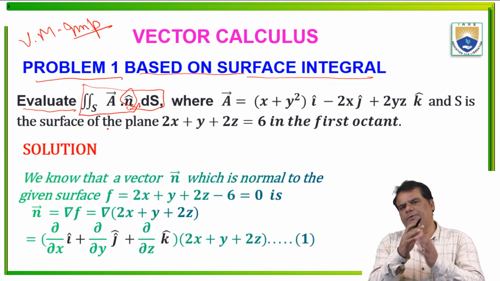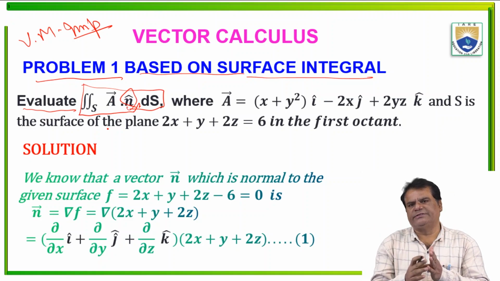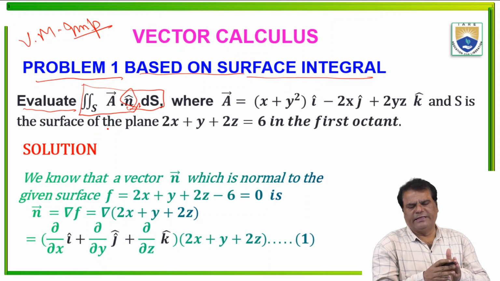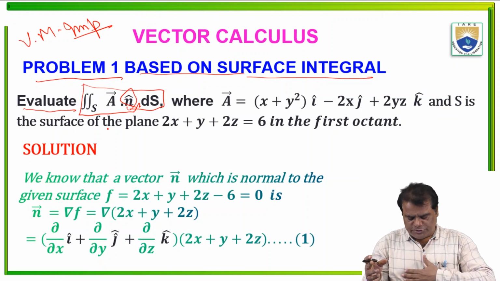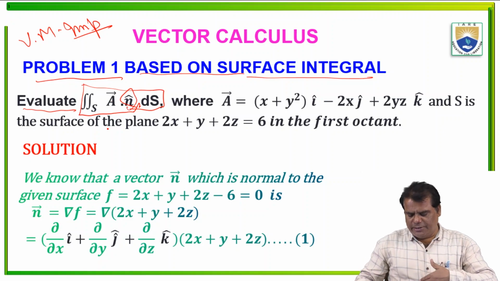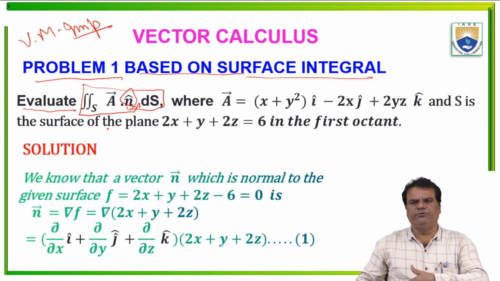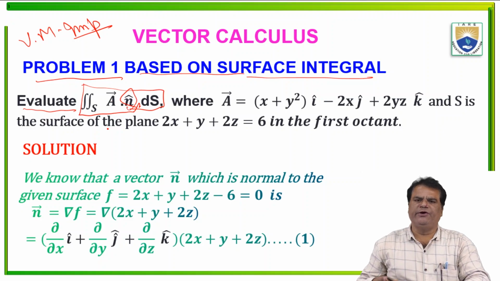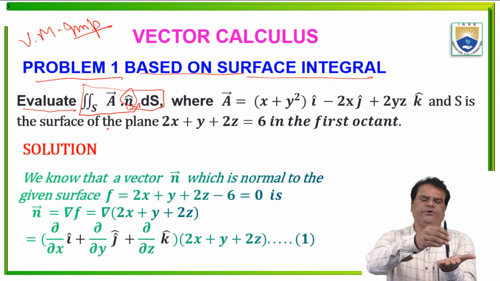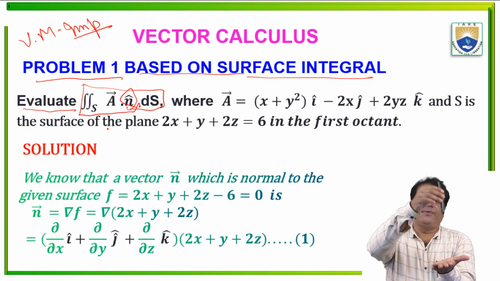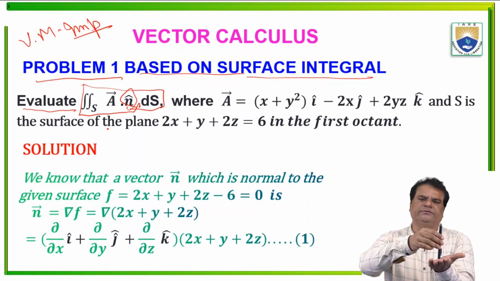The unit normal vector is that vector which is perpendicular to the given surface. Suppose the surface is this, then the unit normal vector is this, perpendicular to the surface. That is known as the unit normal vector.